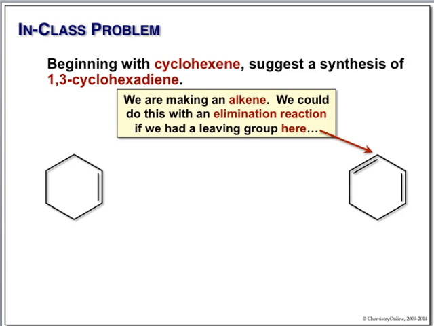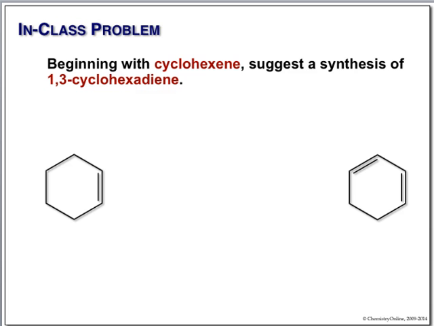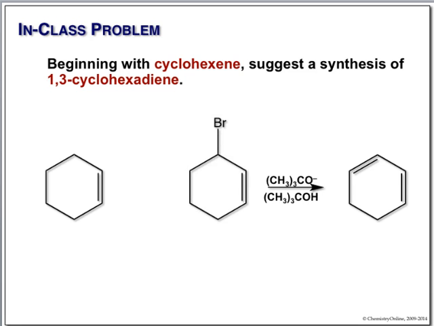Instantly, of course, you're thinking back to chapter 10, aren't you? This is an alkene, isn't it? Well, we know that we're going to use tert-butoxide and butanol, but we need something with a leaving group here. We know that bromine would be a fine leaving group.